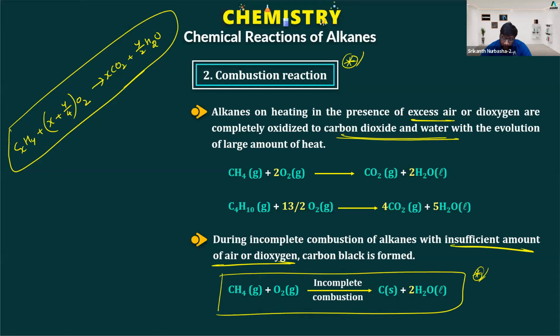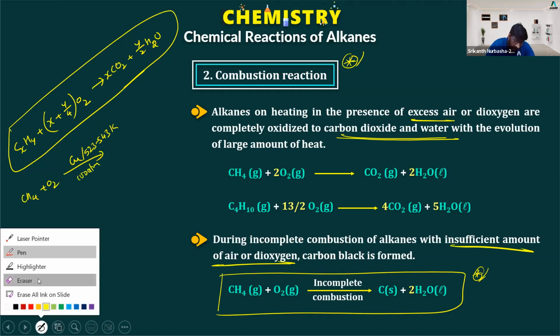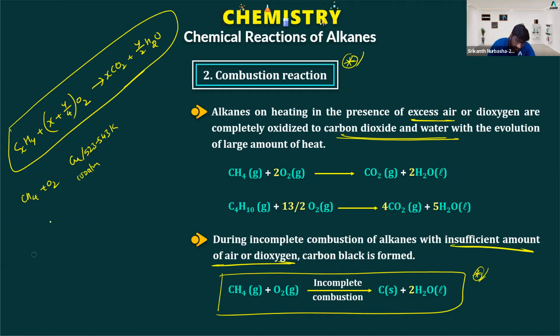If I do the conversion of CH4 to methanol, CH4 plus O2, if you treat this with copper at a very high temperature, around 523 to 543 Kelvin, and a very high pressure like 100 atmosphere, it will form CH3OH. This is controlled combustion.